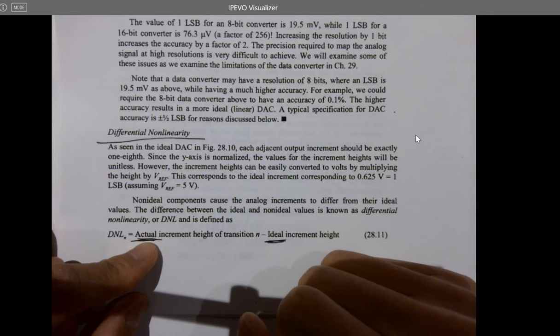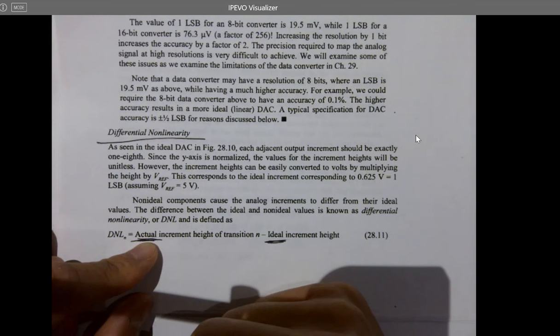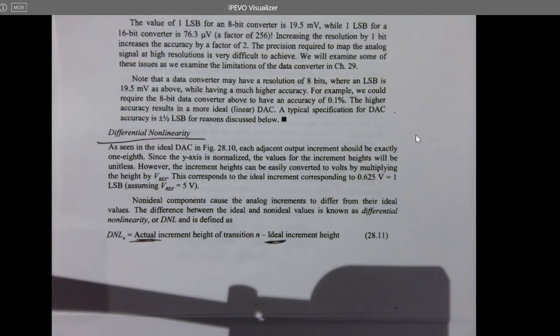So what would you expect as the output? If it's a 5 volt reference voltage, it's going to be 5 over 2 to the third, or you can say it's 1 LSB. It's not always the case, right? So that's why you have a DNL.